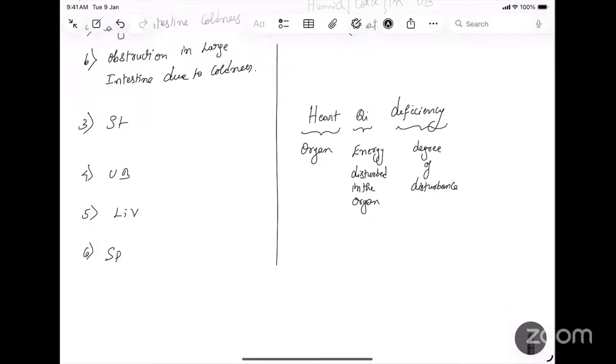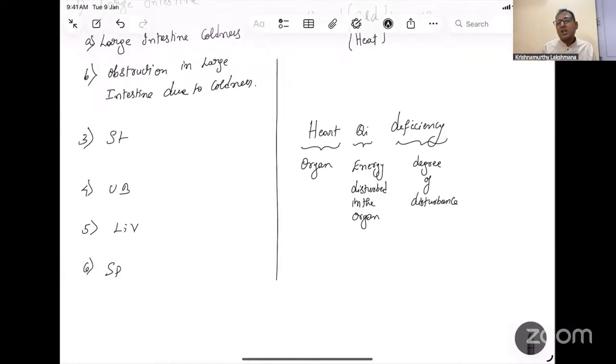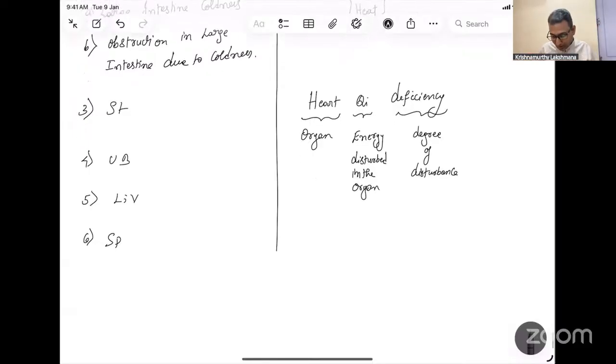Heart blood deficiency, sir. I can take blood instead of chi. That is, the energy disturbed in the organ is blood. Or essence, kidney essence deficiency. Whichever protocol you take, these three things will be there: organ, energy, and the degree of disturbance. Now, how many organs do we have? 12 organs.